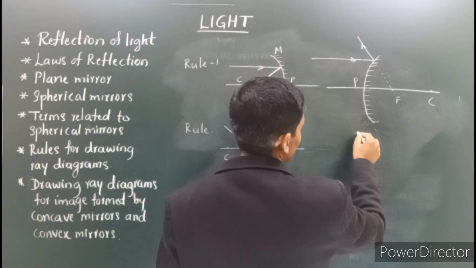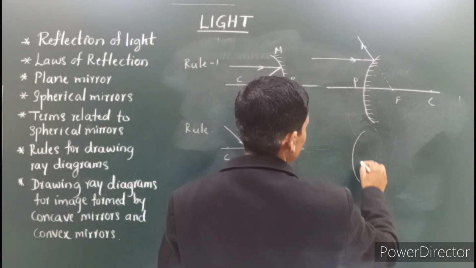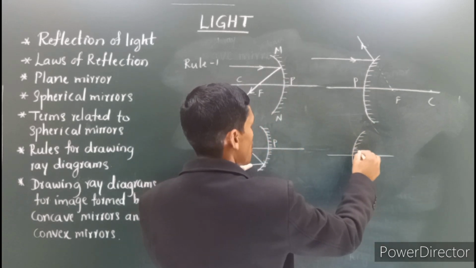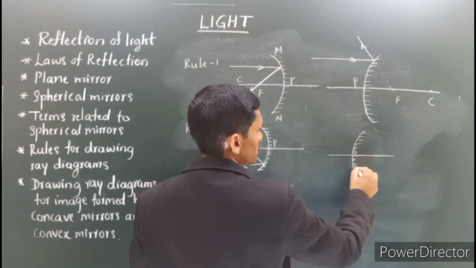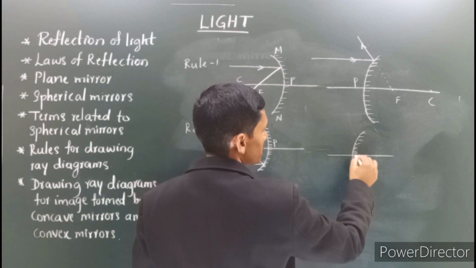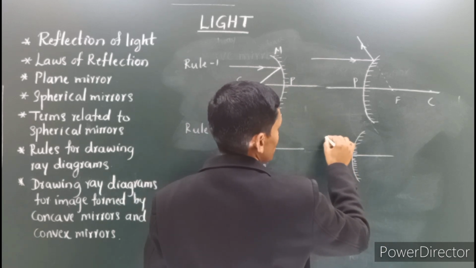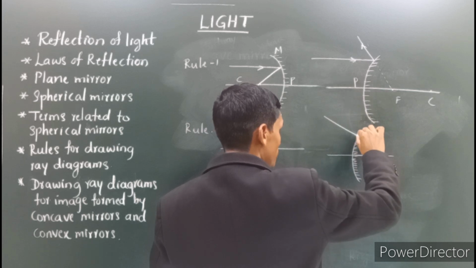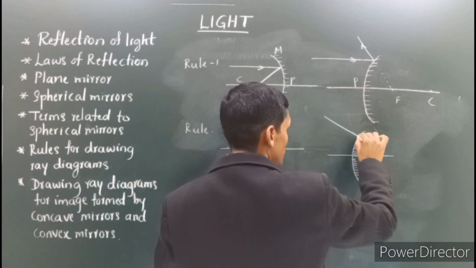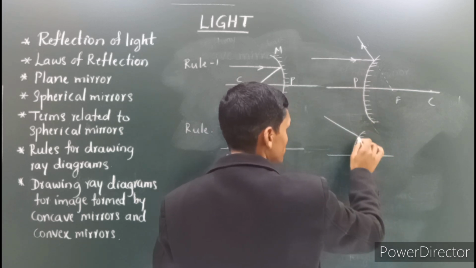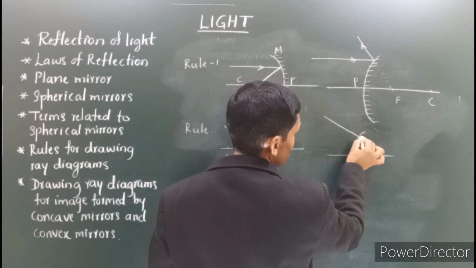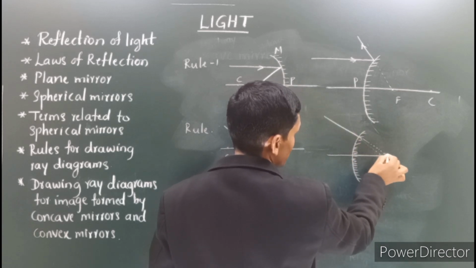Now let us try to see what happens in case of a convex mirror. This was in case of a concave mirror, right? Now in a convex mirror, what happens here? A ray which is appearing to be passing through the principal focus, say here the ray, you have to show this behind the mirror with dotted lines, not continuous lines.